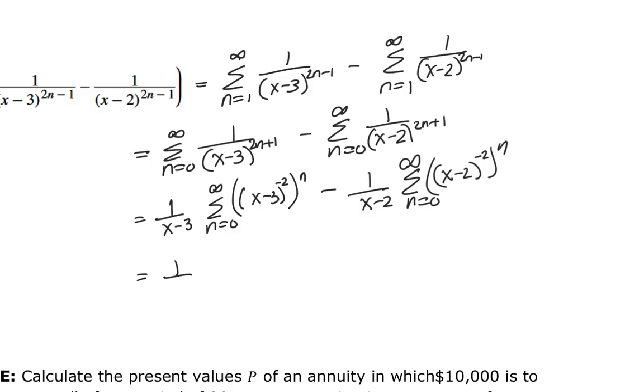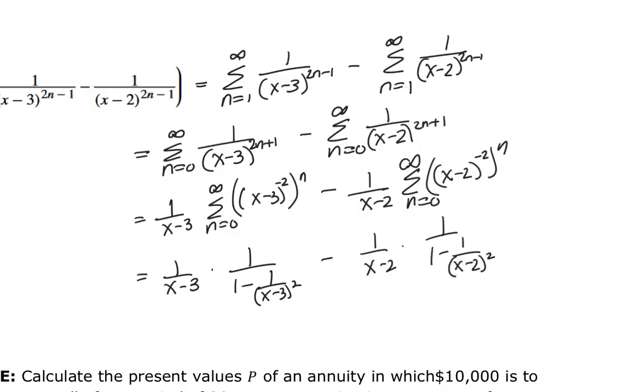So I get 1 over x minus 3 times 1 over 1 minus 1 over x minus 3 squared, minus 1 over x minus 2 times 1 over 1 minus 1 over x minus 2, the quantity squared. This then becomes 1 over x minus 3 minus 1 over x minus 3, minus 1 over x minus 2 minus 1 over x minus 2.